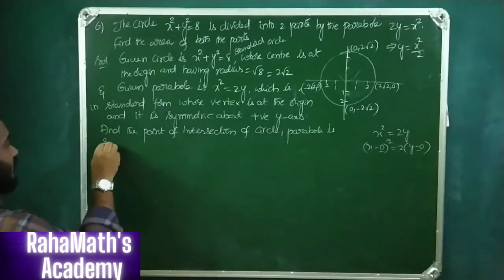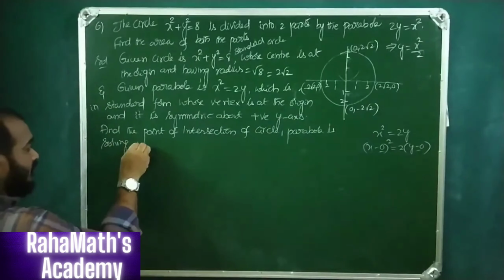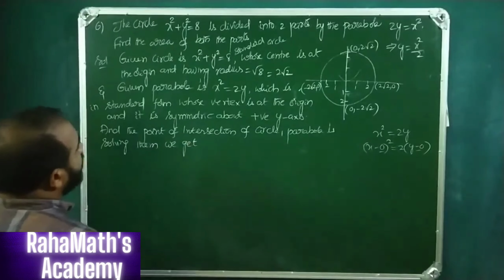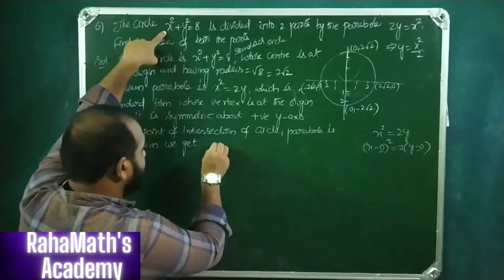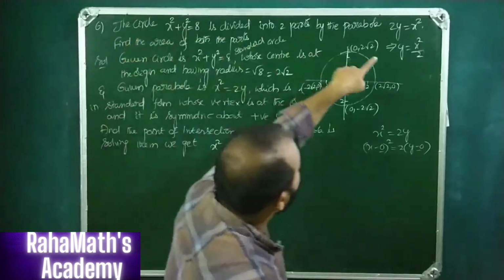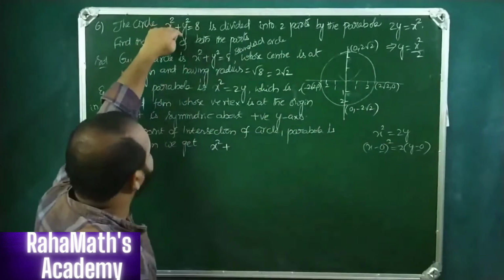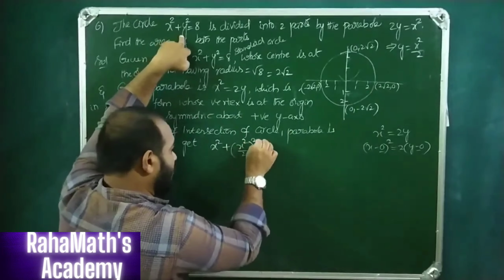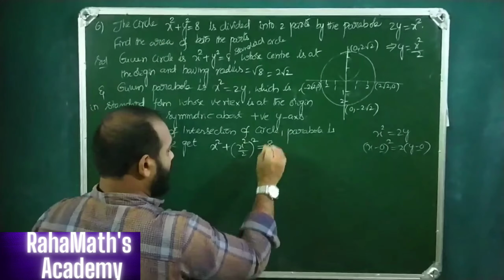So solving them we get x square plus y square equals 8, where y square is x square by 2 whole square. So x square plus x square by 2 whole square equals 8.